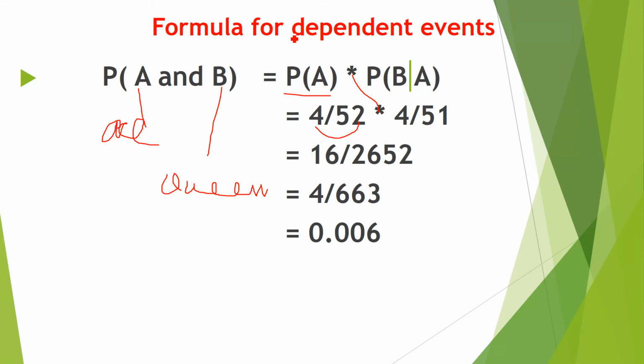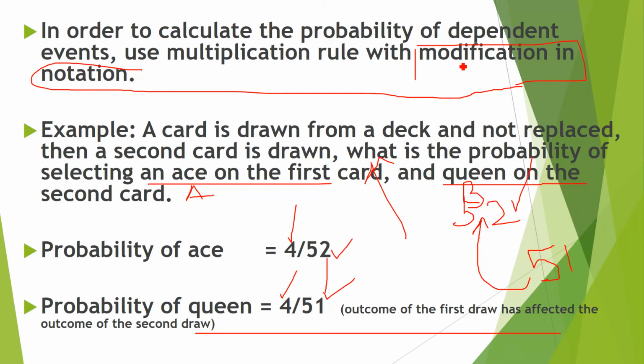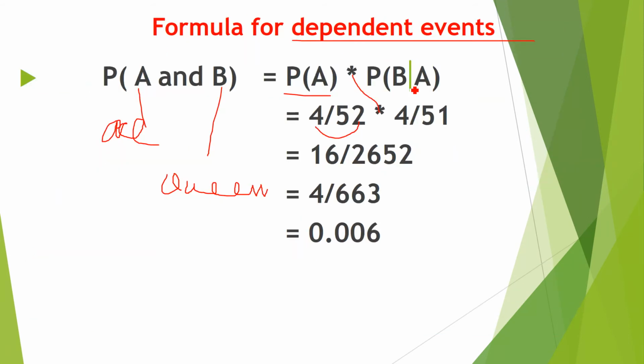In case of independent events, there is no need for this line. You just write the probability of A multiplied by the probability of B. But in case of dependent events, you see here this one, the modification in notation. This line does not mean division.